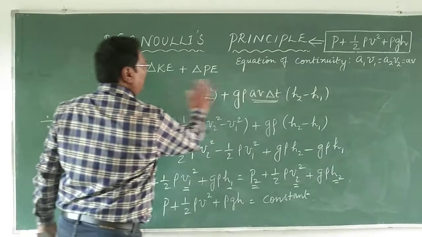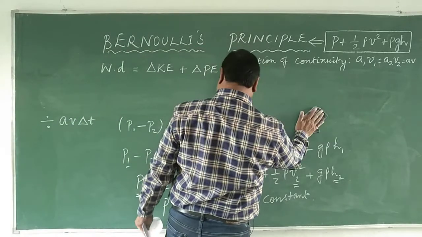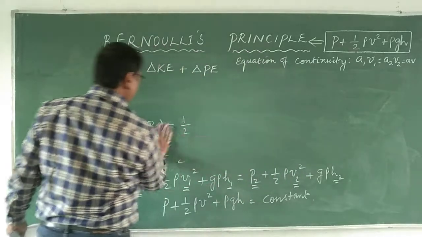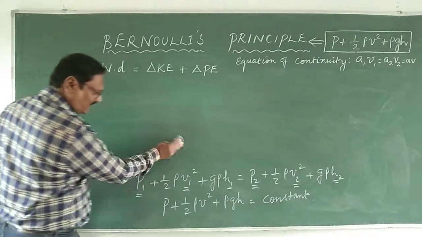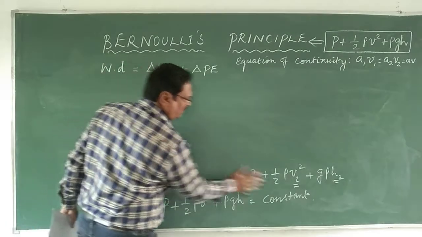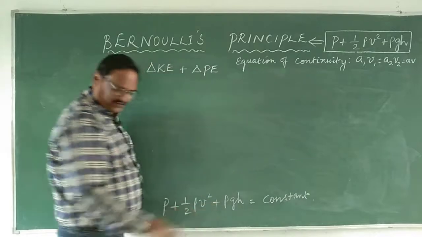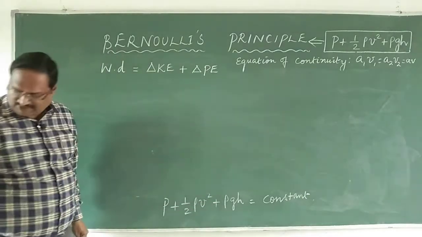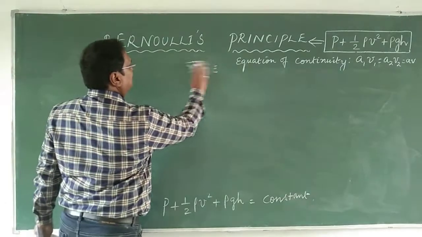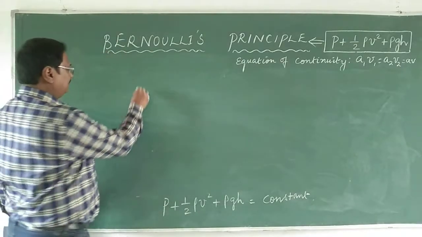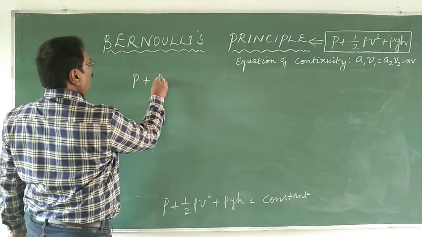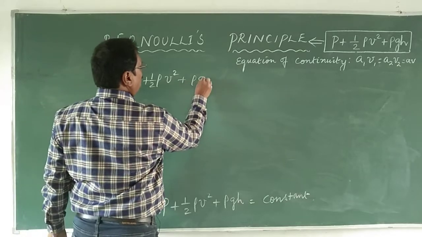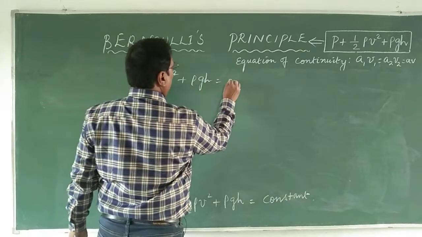The same thing, I am just going to divide by something and give you the final formula, another form of the formula. Okay, the same thing, another way you can write the same formula which I have discussed earlier. P plus half rho V square plus rho GH is equal to constant.